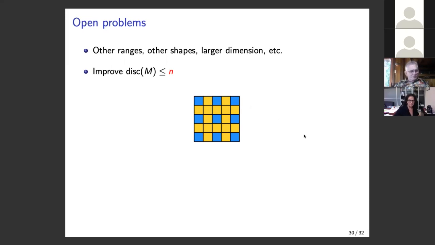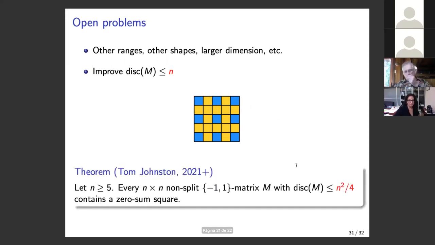About 2 months after we put our paper on arXiv, Tom Johnson in Oxford worked on this problem. He liked the problem, and he was able to prove n squared over 4. So between n squared over 4 and n squared over 2, we have the right magnitude now, but there is a constant that can be improved.